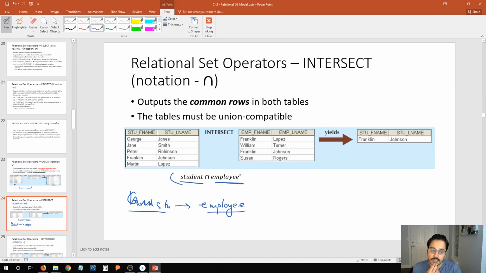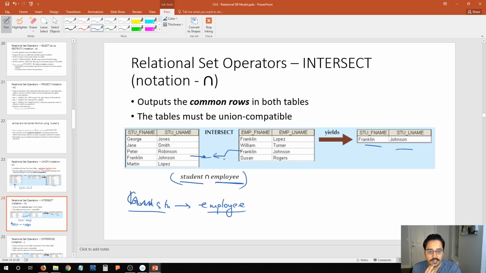So if you intersect them, you will basically find the rows which exist across both the tables, 2 or more, right? So here in this example, we can see that this student, Franklin Johnson, appears both in the student table as well as in the employee table.